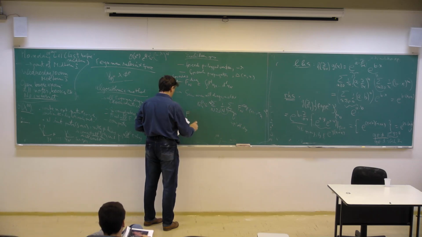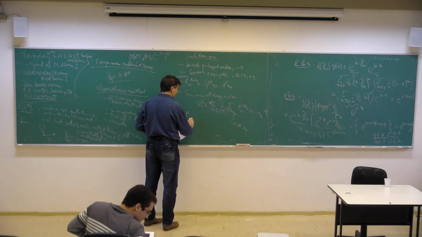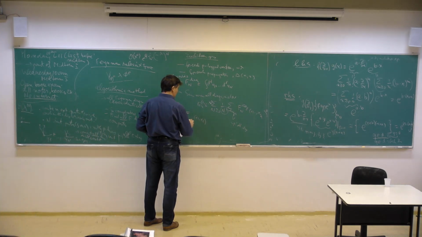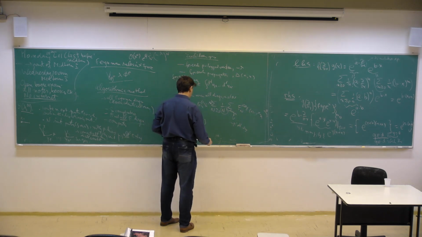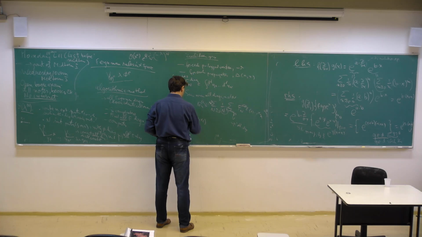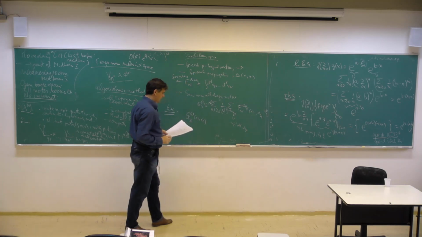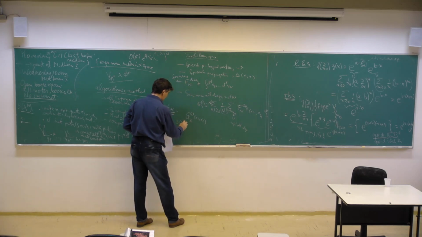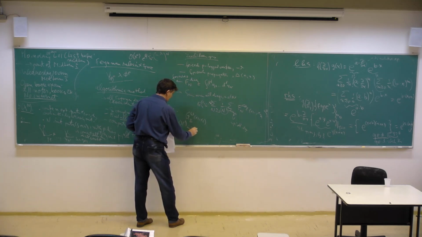So I'll consider the 2-point function at order lambda, so maybe let's say like this, G2 1 of x1 x2, that is order lambda to the 1 for the 2-point function.